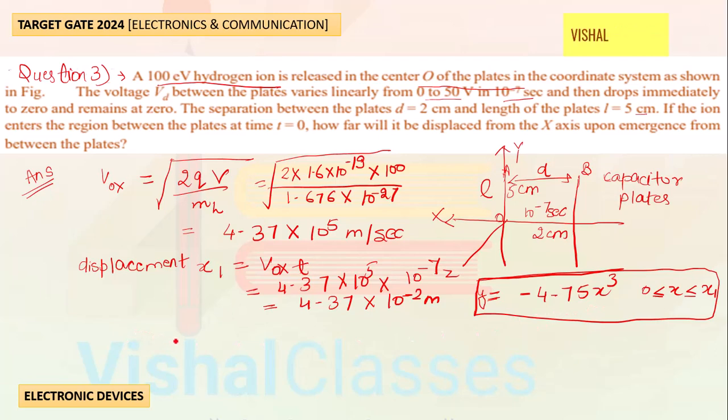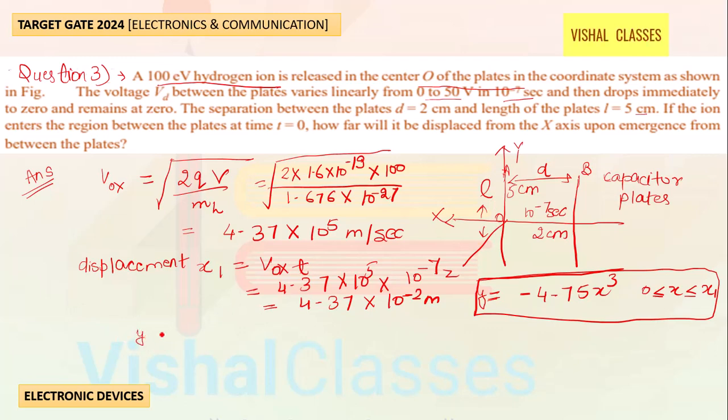Also displacement, as asked in the question: if the ion enters the region between plates at time t equal to 0, how far will it be displaced from the x-axis? I mean displacement in y direction is being asked.